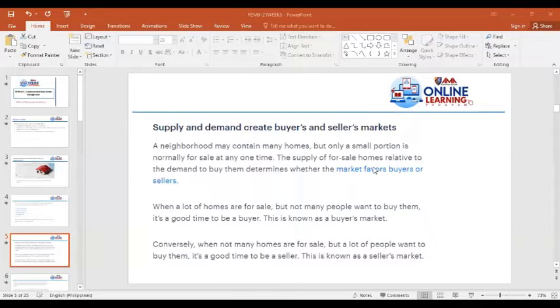So when a lot of homes are for sale but not many people want to buy them, it's a good time to be a buyer. This is known as a buyer's market.